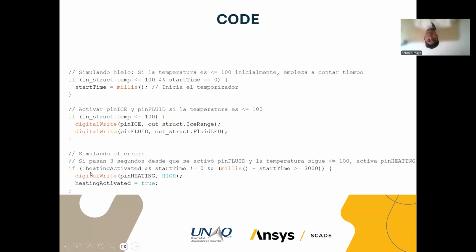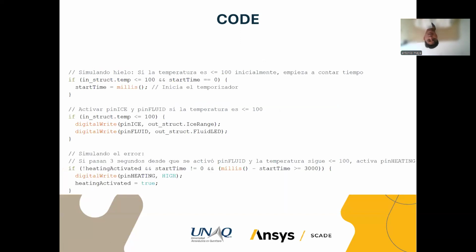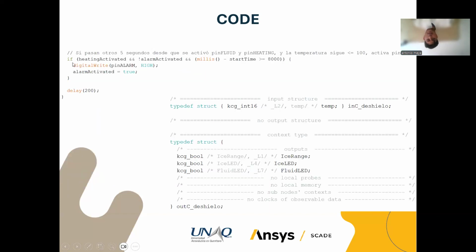And we need to have the heating system activated and the alarm deactivated. When is the heating system activated? In this moment. If the flag enters this point, then we obviously know the presence of ice.